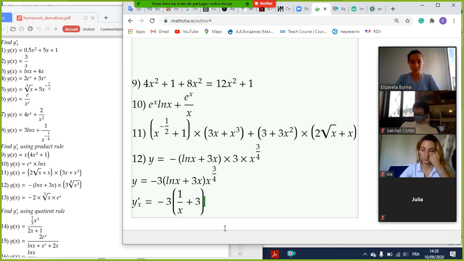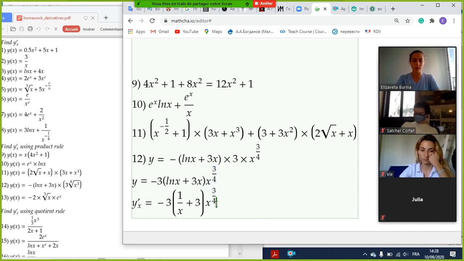So that was the derivative of the first part, and the second part we leave it just here. Then we have to do plus the derivative of the second part times first part. So actually the first part is negative 3 with the coefficients, so I can write it already here, so I have it and I don't forget it, because that's what I usually do.